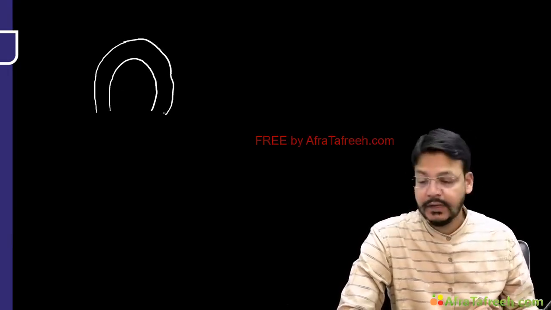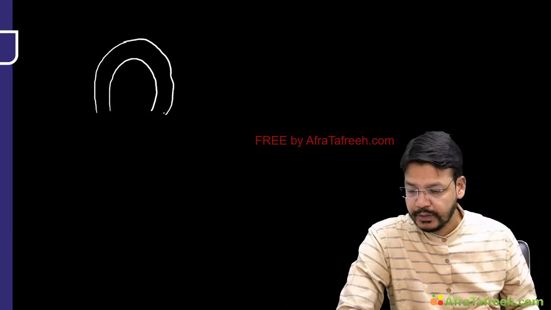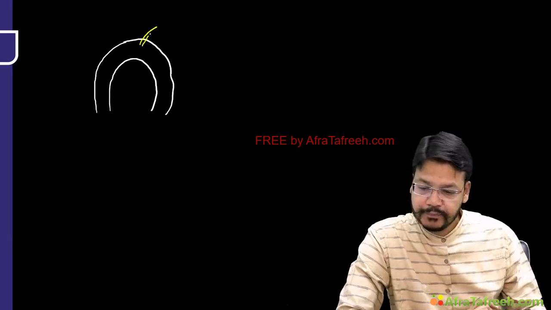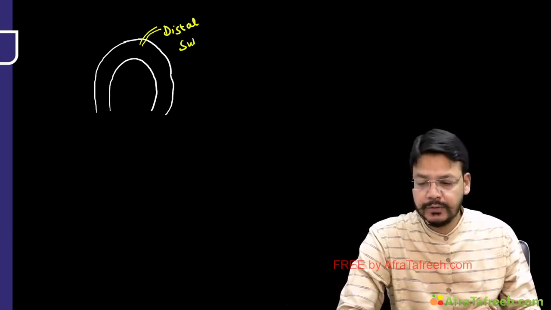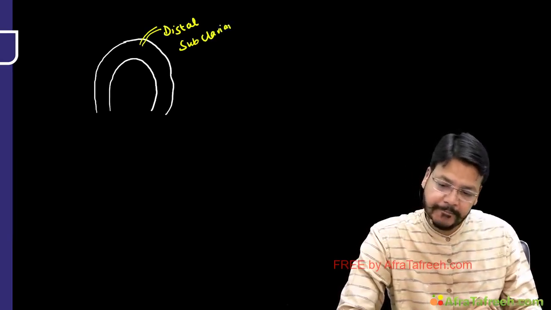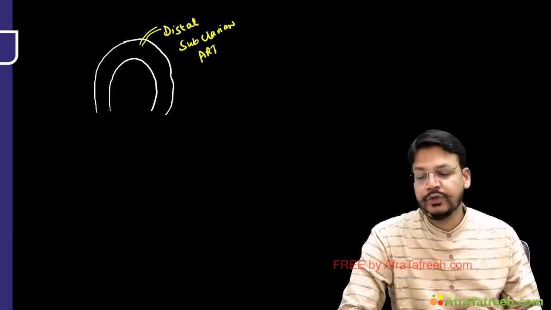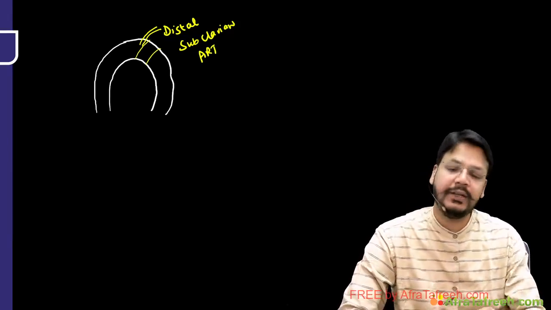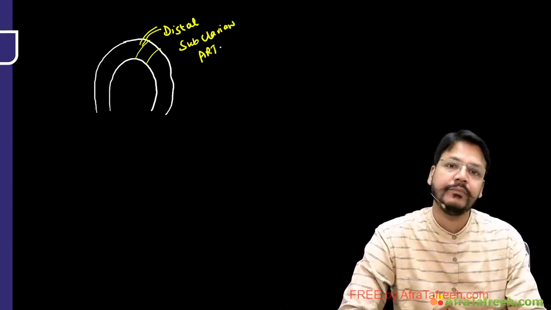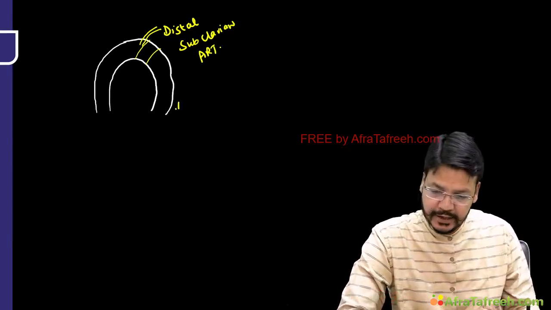The isthmus area is distal to subclavian artery. So this area which is the isthmus, which is distal to subclavian artery, this is involved. And it is descending aorta.